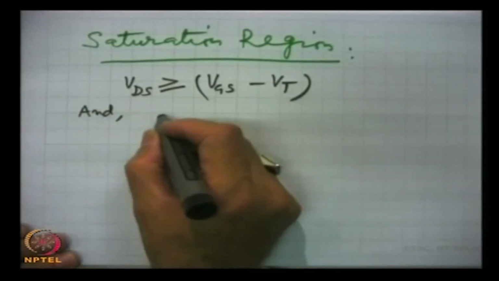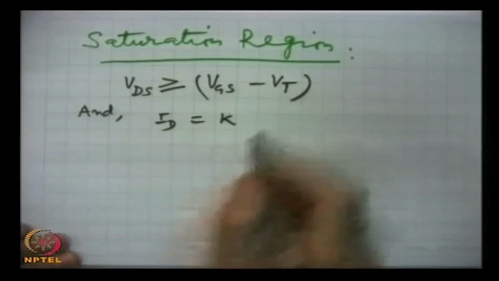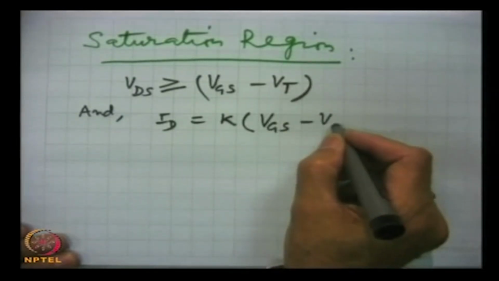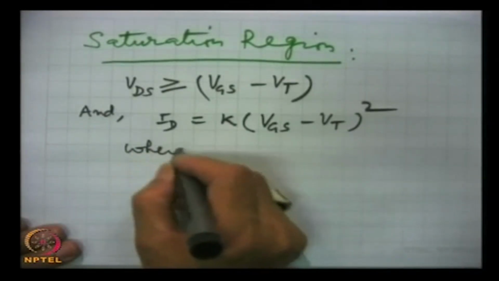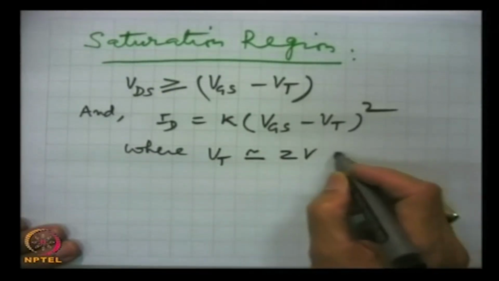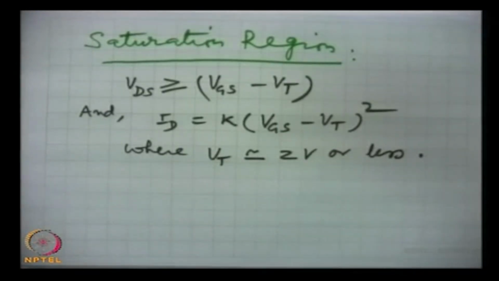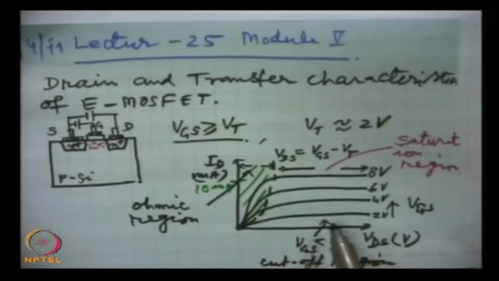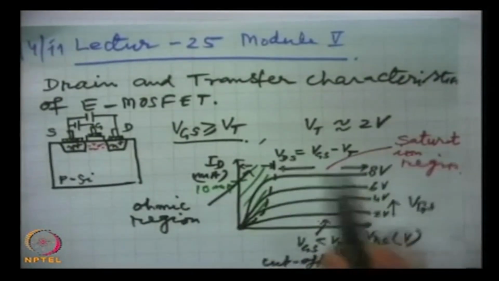the drain current ID is given by K, the constant which we have defined above, times VGS minus VT squared, where VT is around 2 volts or less. Now, from the characteristics, when we elaborate this saturation region, of course they are almost horizontal, but there is a slight angle.